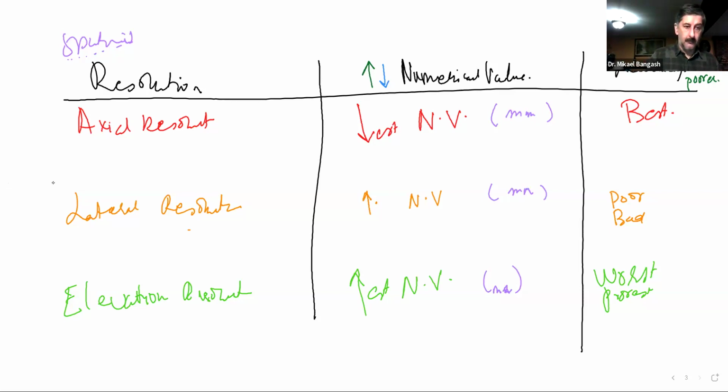Now, what would be the numerical value of your axial resolution? The numerical value of your axial resolution is going to be equal to the spatial pulse length divided by 2. The numerical value of your lateral resolution is going to be equal to the width of the beam.